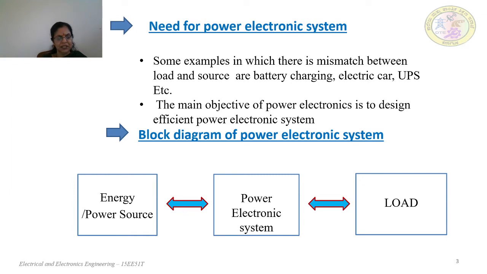In some applications, we have DC voltage at one level and it needs to be converted at a higher voltage. Then the power electronic system will be having chopper. So the main objective of power electronics is to design efficient power electronic system.